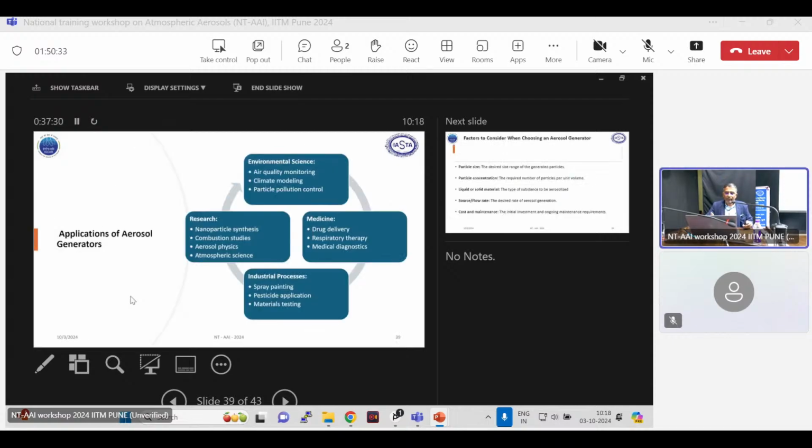Then application, as I told you, application of aerosol generation is wide, not limited to whatever is listed here. Environmental science, like air pollution research or monitoring, continuous monitoring, climate modeling, and particle research like nanoparticle synthesis, or some particles generated to enhance lubrication, or enhance the shielding property or various other properties.